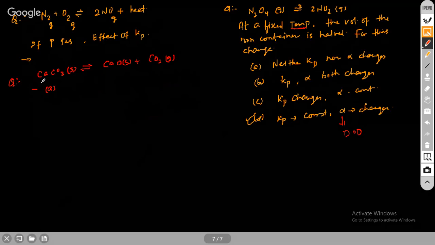The options are: A, del H, that is the enthalpy of the reaction, depends on temperature. B, K is independent of the initial amount of CaCO3.